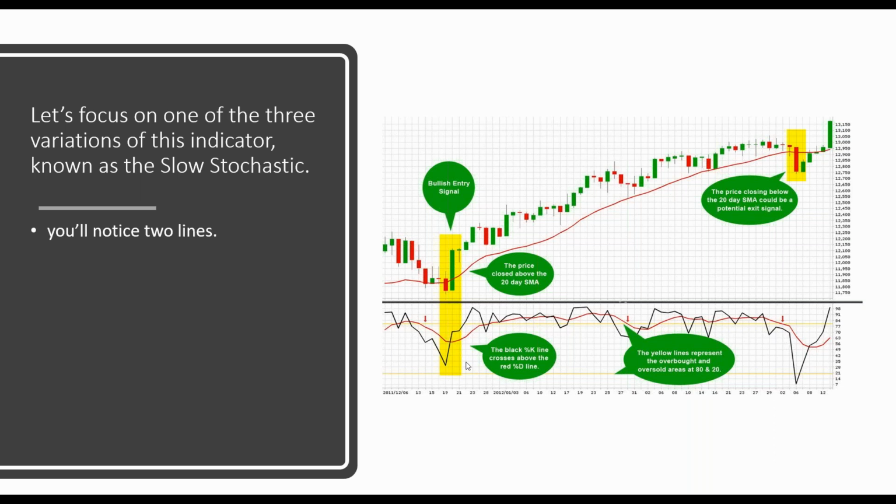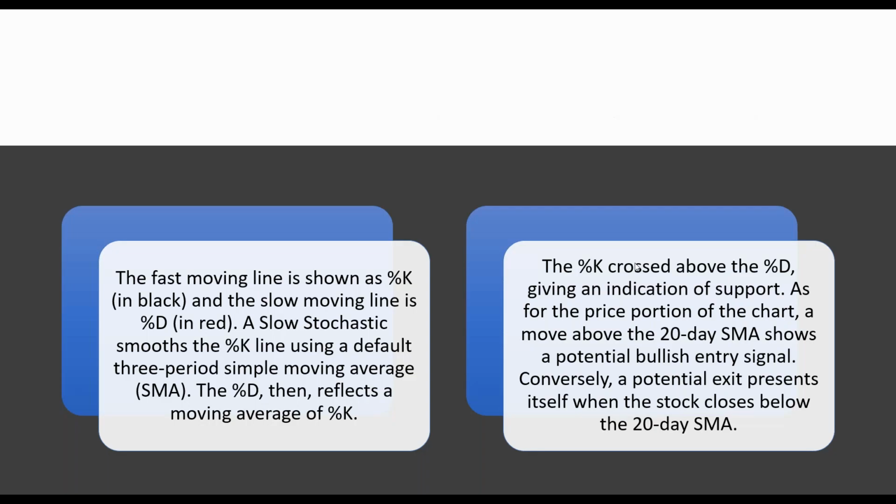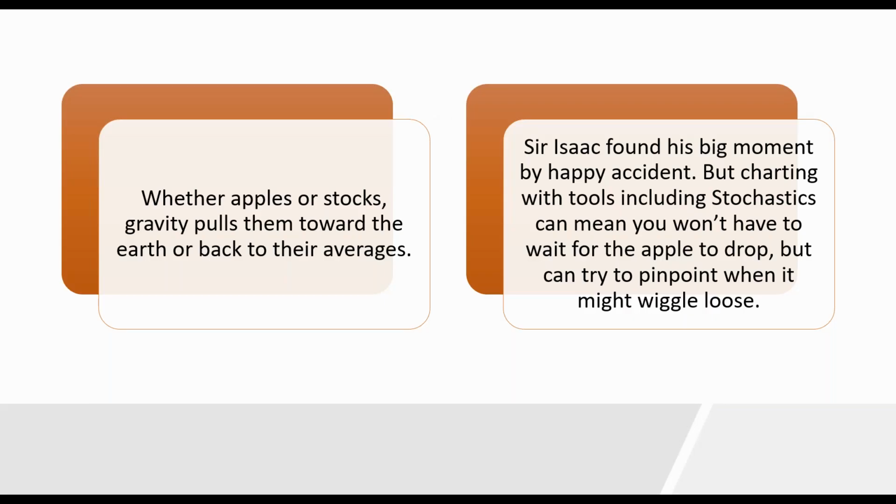And what we're looking for is the crossovers between the two lines and the height where they are when they cross. So we're looking for the two lines to cross above the 80 level or below the 20 level.